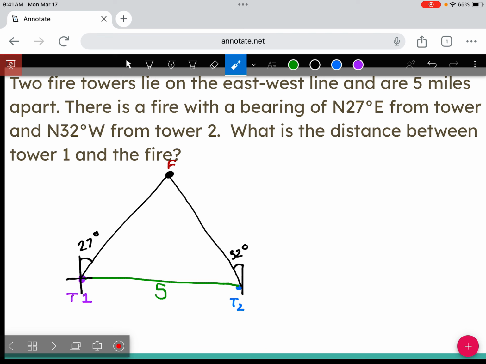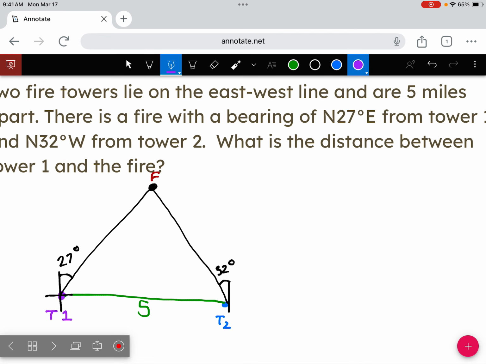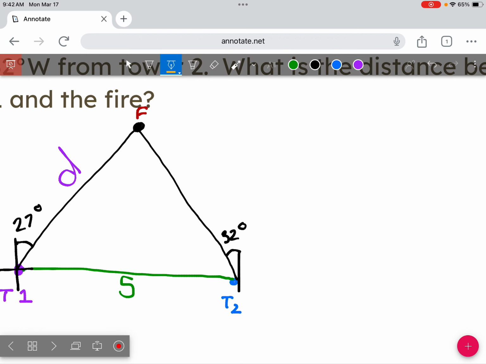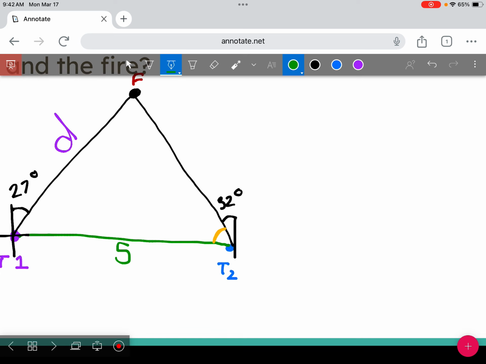Okay, so what they want to know, and the answer we're asked to find, is the distance between Tower 1 and the fire. This distance. Can you see what the angles equal? What's this angle going to be? 58. Why?